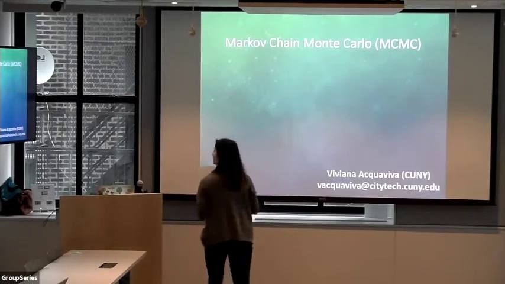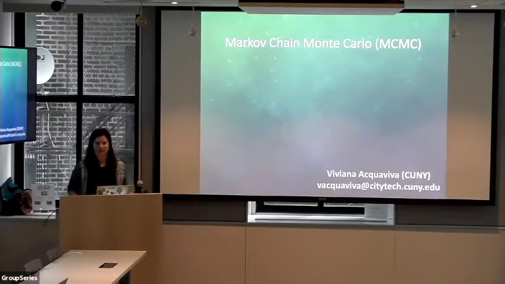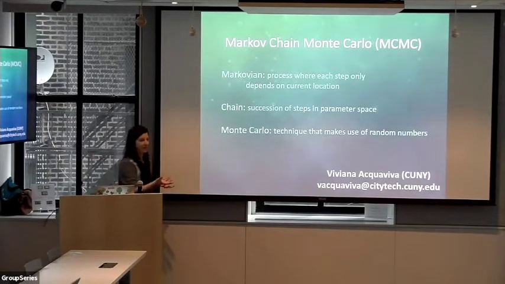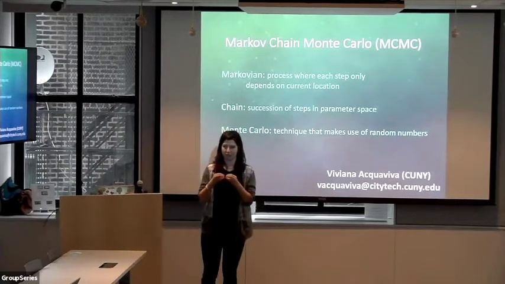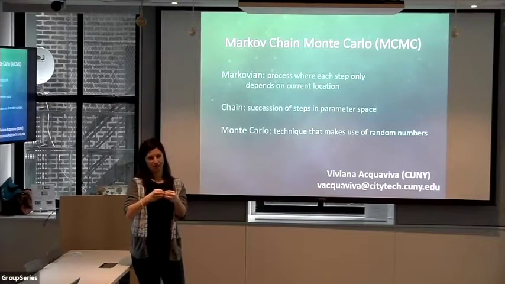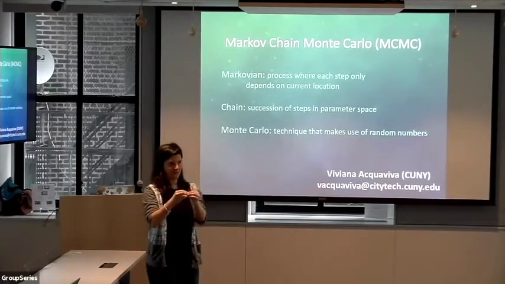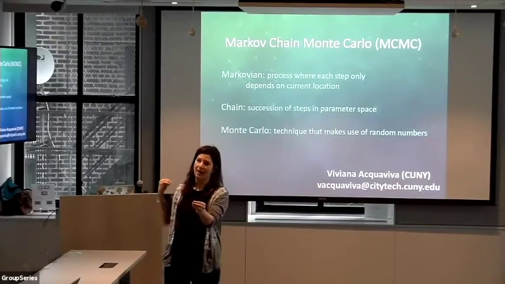Okay, so I'm just going to go ahead. Since it's Markov Chain Monte Carlo, let's figure out what each one of these things means. A Markov process is a process in which each step only depends on the current location. In other words, a Markov chain is a chain in which at each step, the chain has no memory of what happened before.